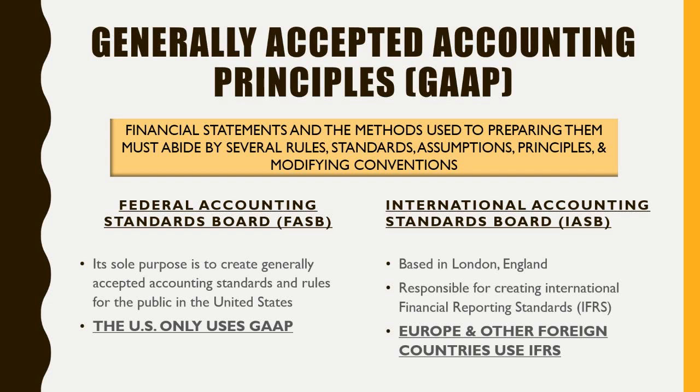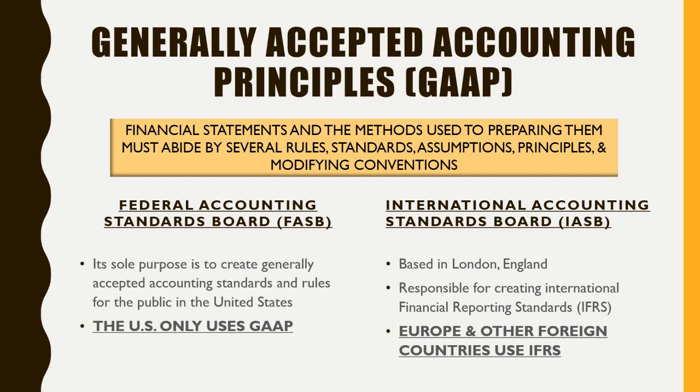It's a set of rules and guidelines that are governed by FASB to help ensure the accuracy of our accounting, but to also ensure that there is no potential threat or fraud that could happen. Okay, and how it is determined is based on its principles, its assumptions, and any modifying conventions.